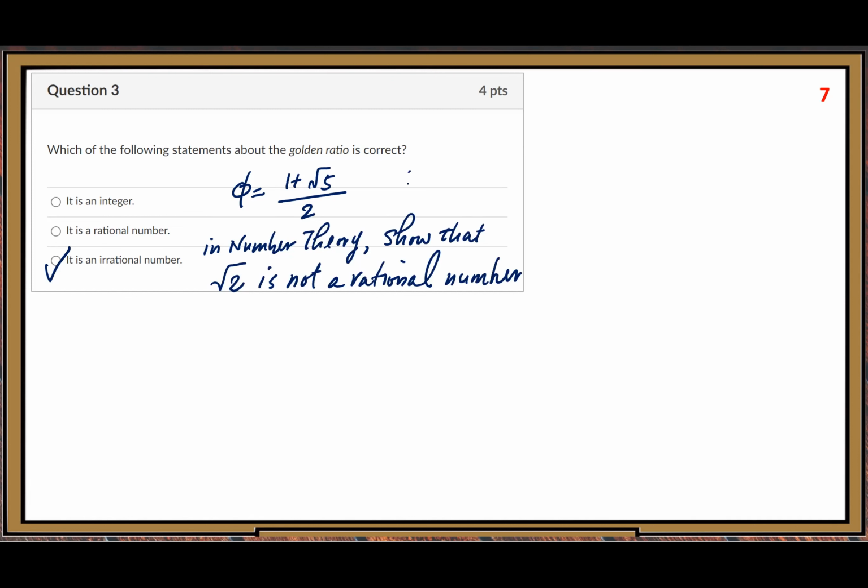If you go back to your discrete math 3000, you have one early chapter about number theory. Actually, when you learn a special method called the contrapositive method, this example is given, that one, root 2.